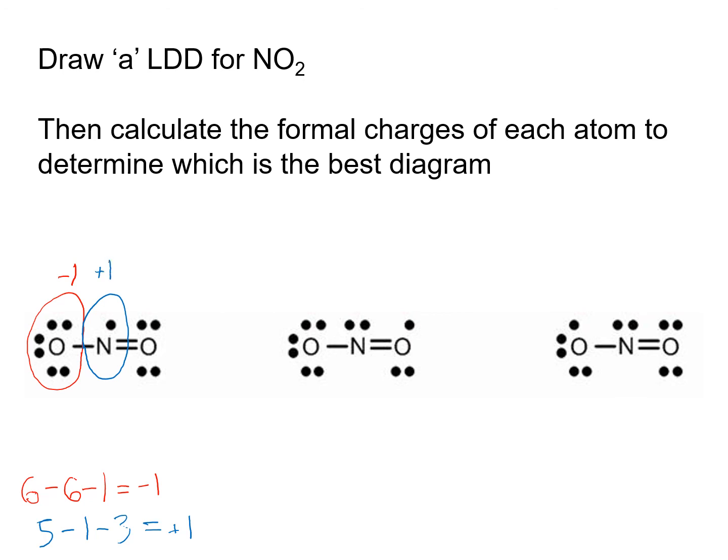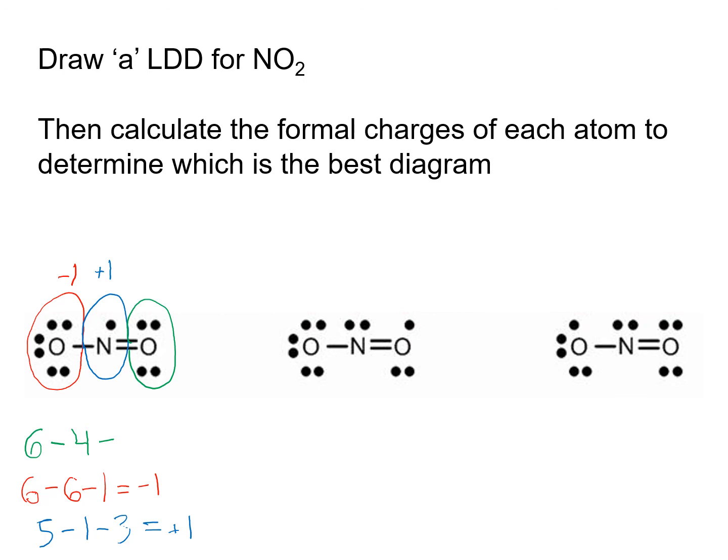Let's do the formal charge on this last oxygen. Again, it has a valence of 6 electrons normally. We subtract the number of lone electrons. We've got 2 lone pairs, so that is 4 electrons. Then we subtract the number of electrons in bonds divided by 2.